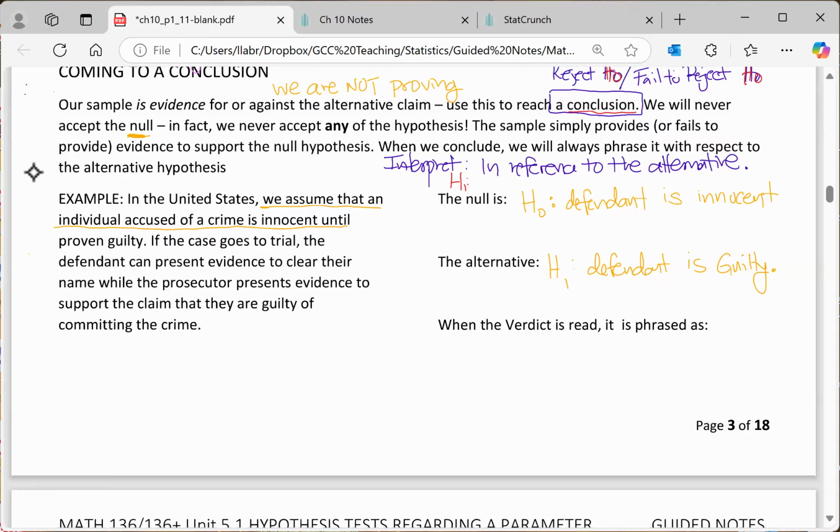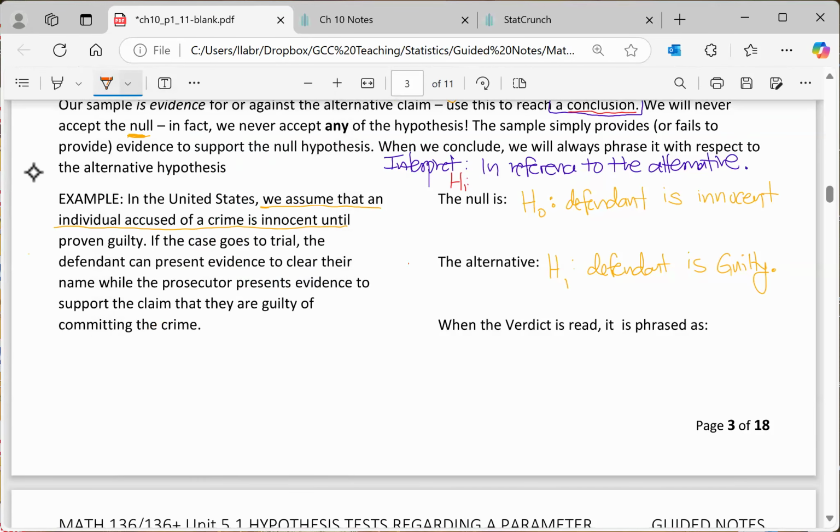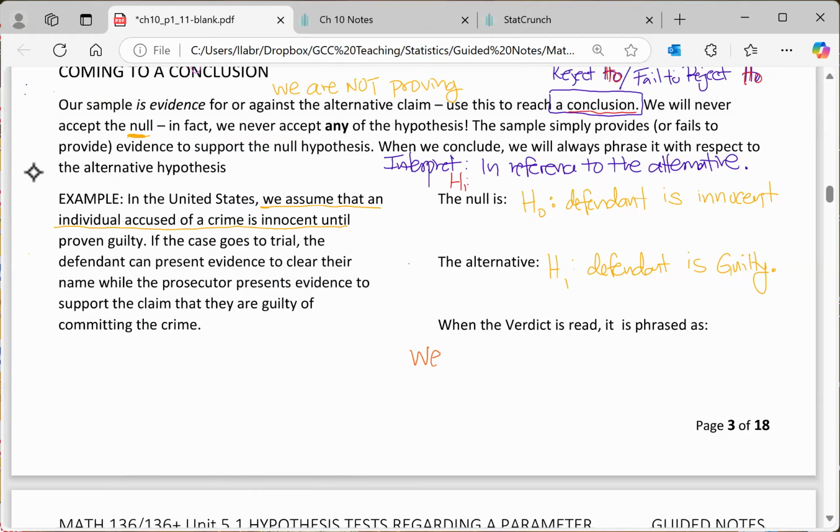Something important is going to happen. I'm pretty sure we've all seen movies or TV shows where they're reading a verdict, and it always sounds the same. They say, we find the defendant guilty.